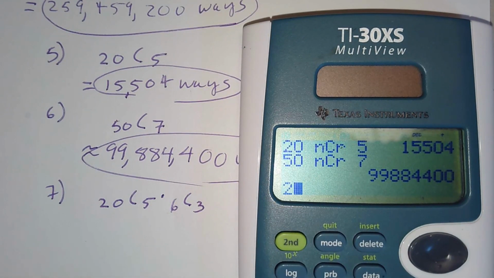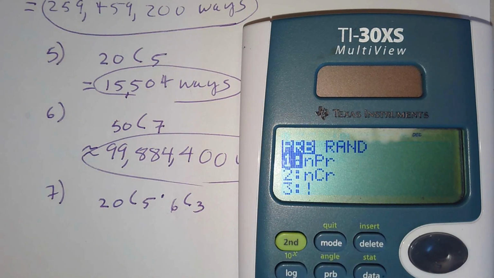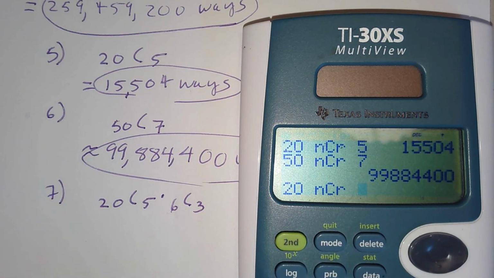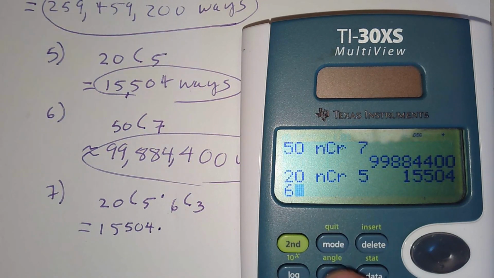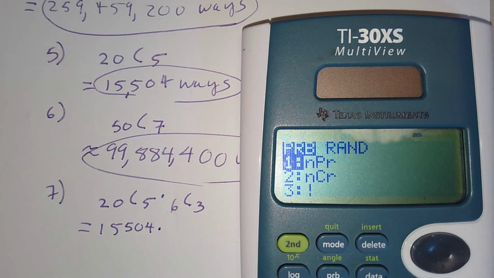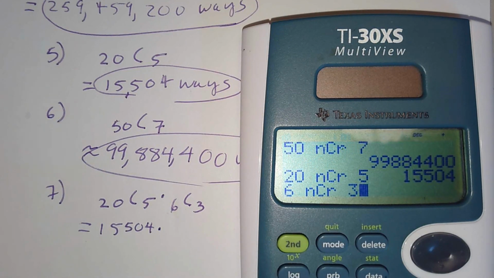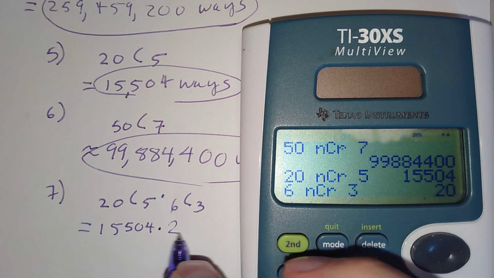So I'm going to do 20 nCr 5. It's 15,504. We actually did that earlier, but that's okay. And I'm going to do 6 nCr 3. That's 20.